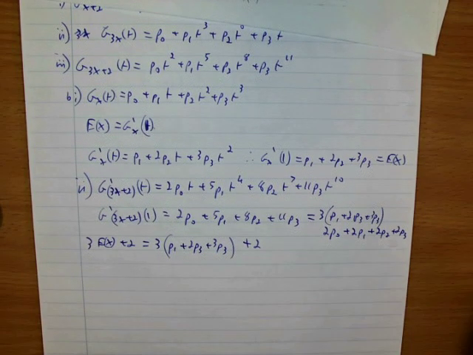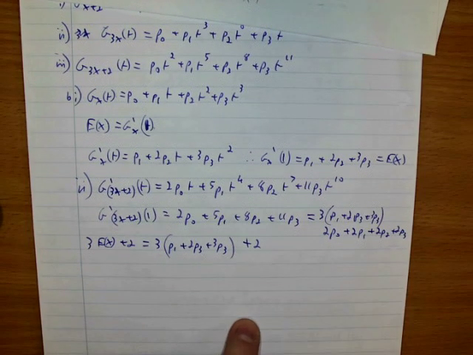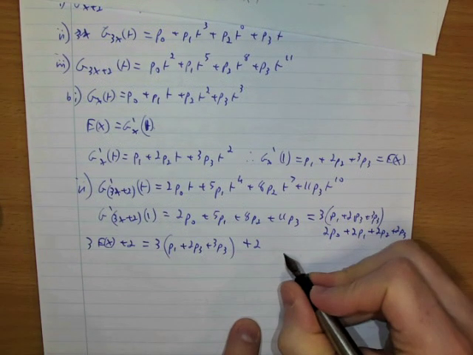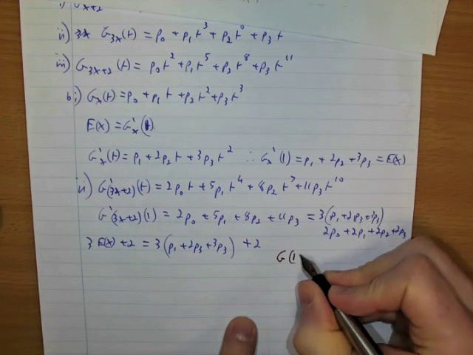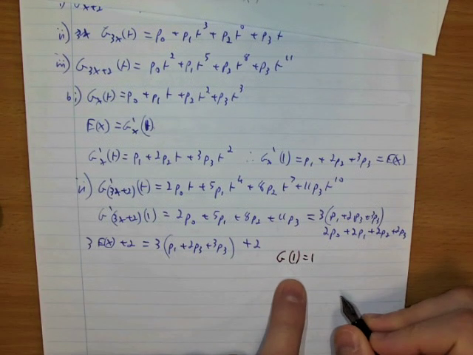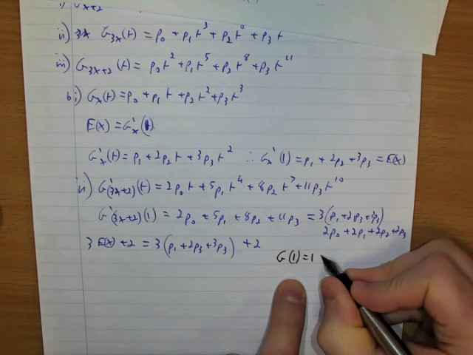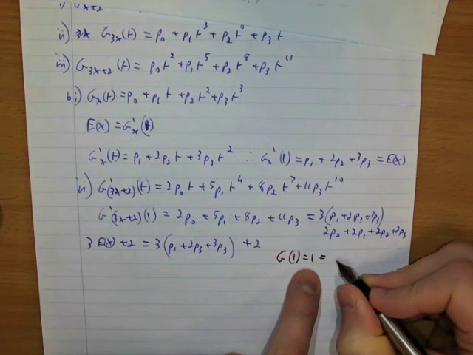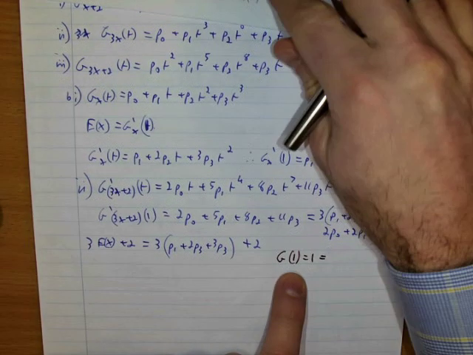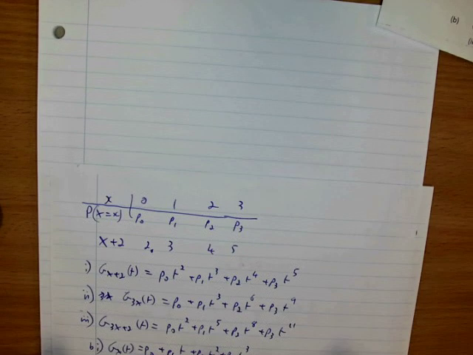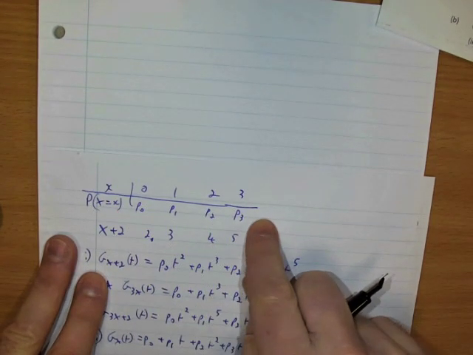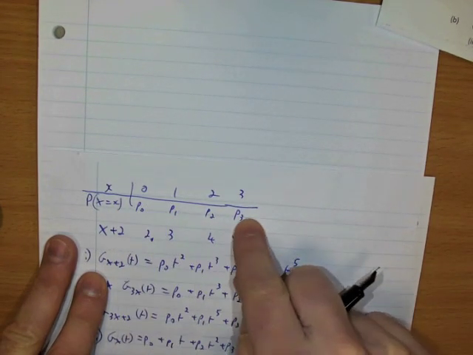What you probably wouldn't spot easily is that we know by definition g of 1 is 1 if something's a probability generating function, i.e. the sum of all the probabilities is 1. That's what this is basically saying. If you go back to this table, we know that these probabilities have to add up to 1.